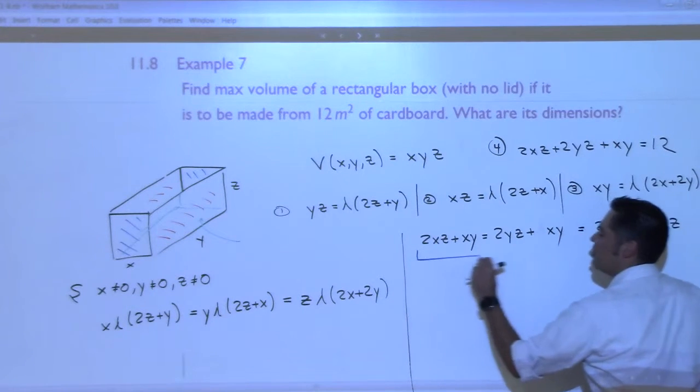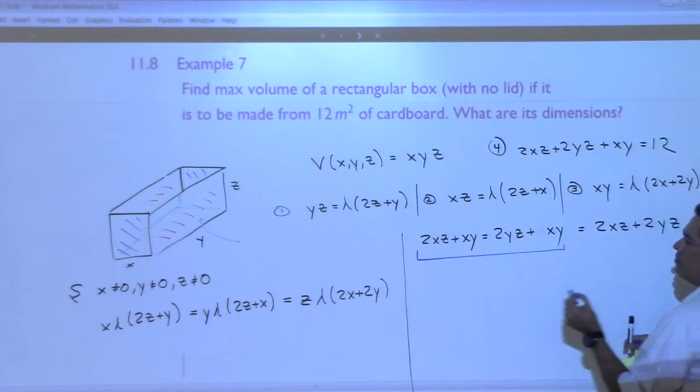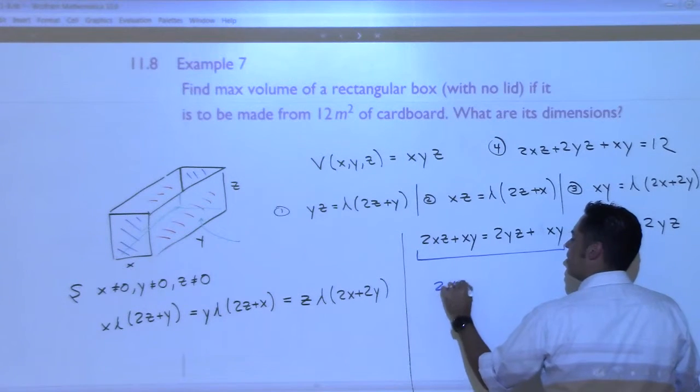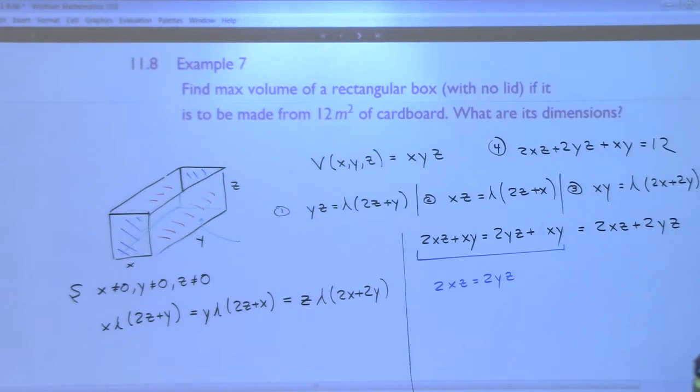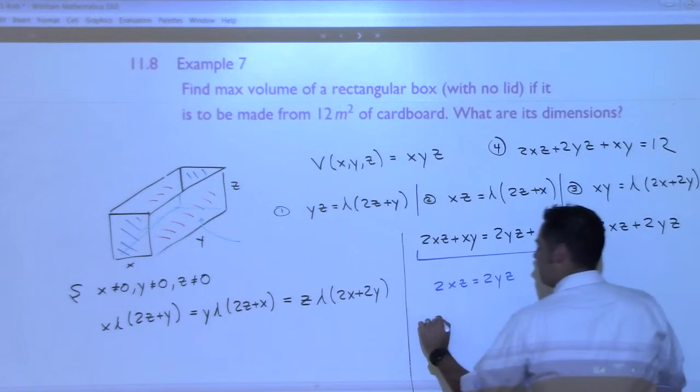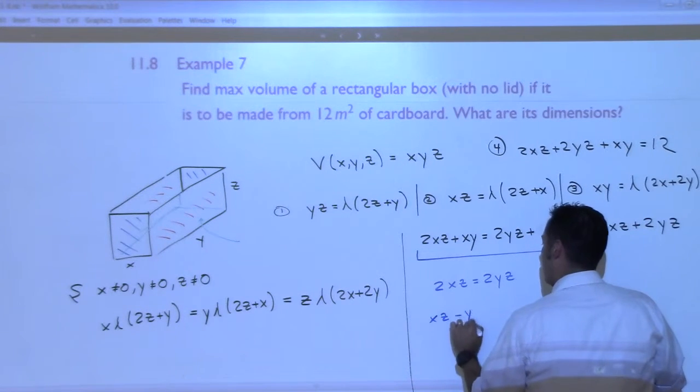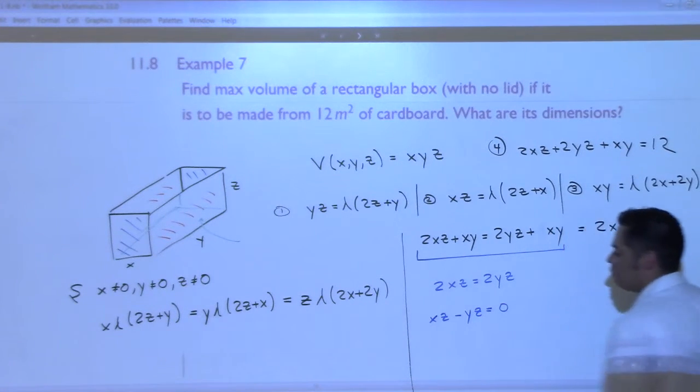So if we work with just those two, we get 2xz equals 2yz. Take everything to one side, and let's get rid of the 2: xz minus yz equals 0.